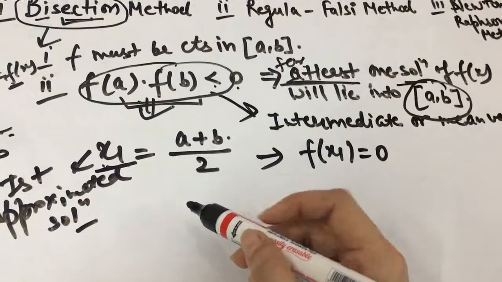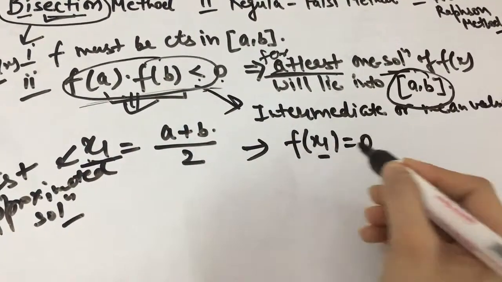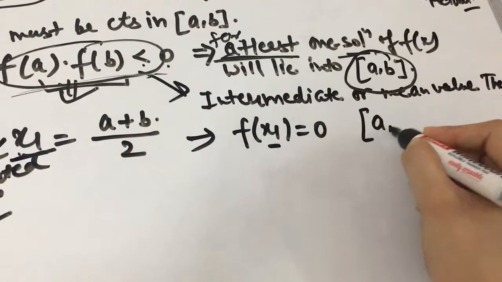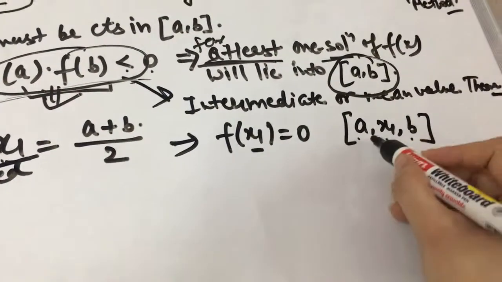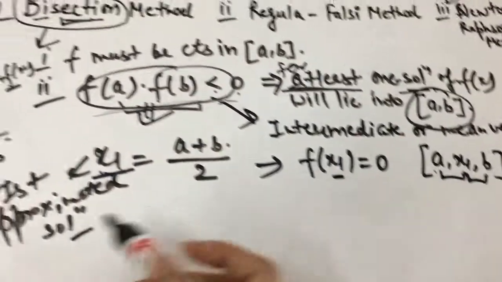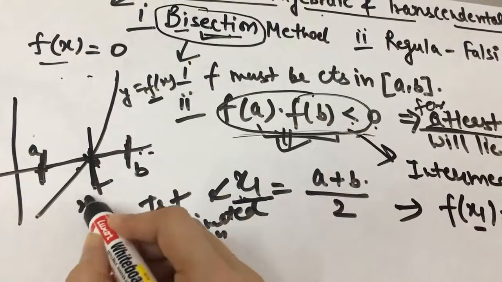For that, the same procedure we will follow, as x1 is also the root now, so it is lying between A and B. So now we have two intervals. Suppose this was A, this is x1.